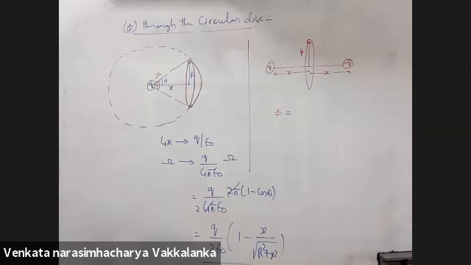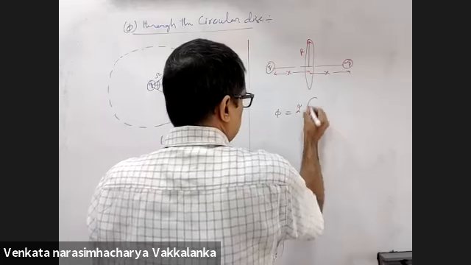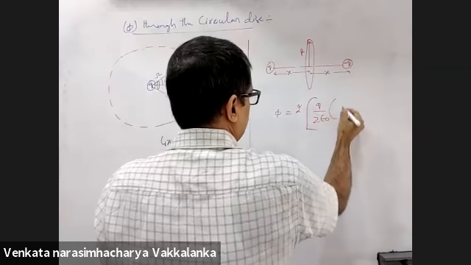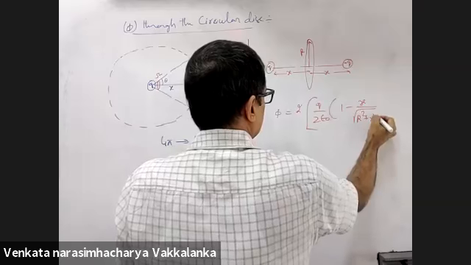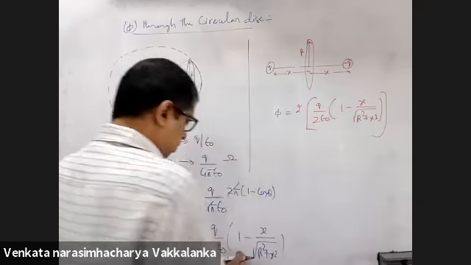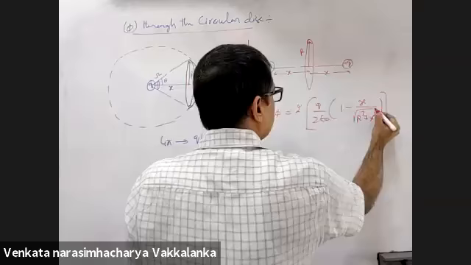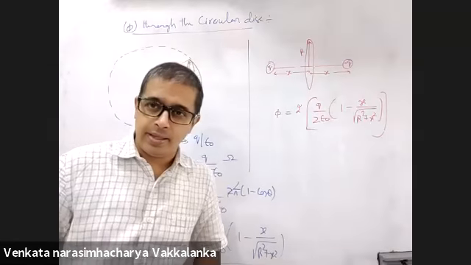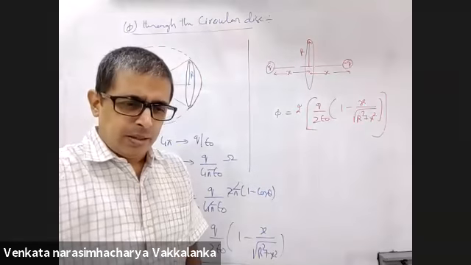Two q by two epsilon naught. Q by epsilon naught bracket 1 minus x square by r square plus x square. 2 times full of this. Two times this. Why? So that twice the field lines pass through in the same direction.